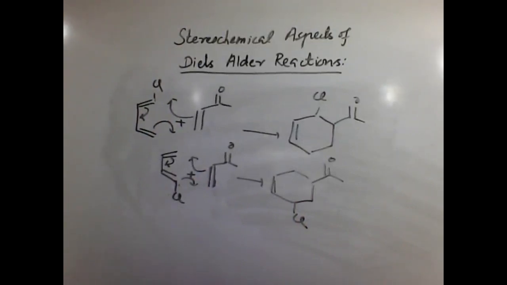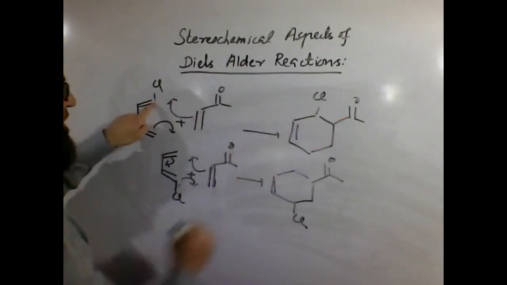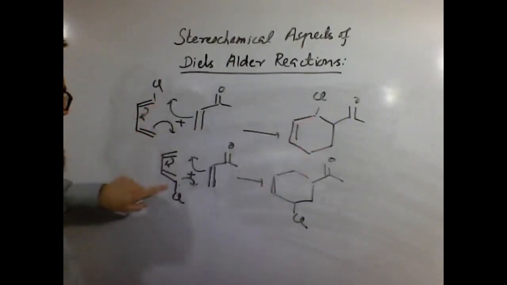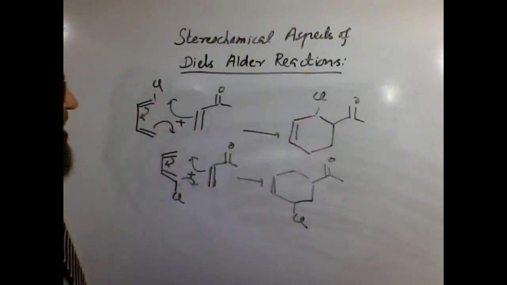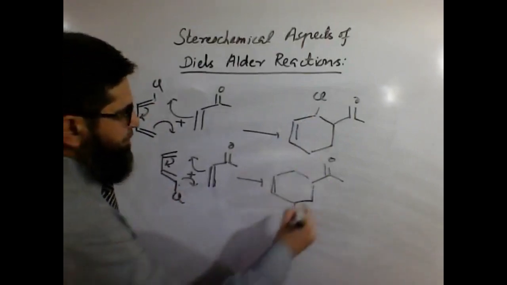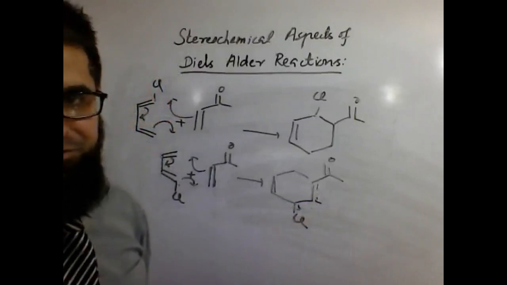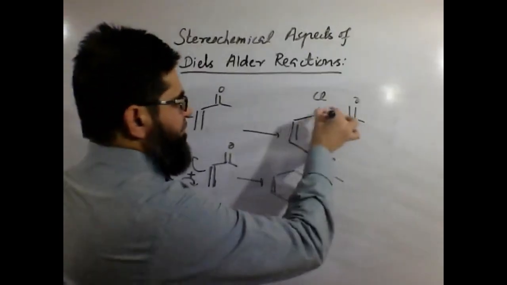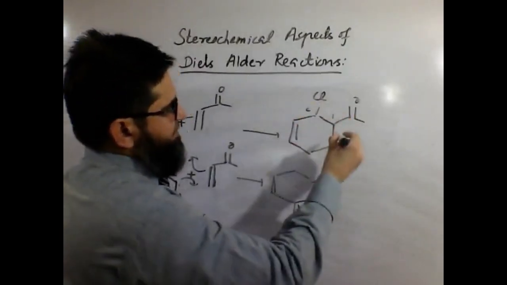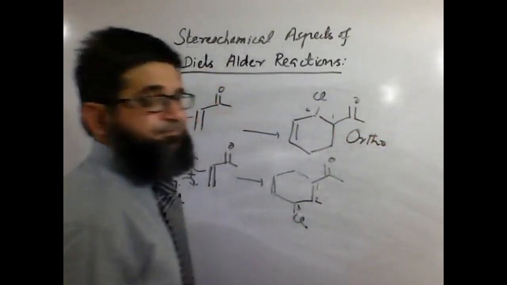Is that fine? In this case, the carbon number 1 carries this one, and over here it carries this way. So there is a difference between the two. 1, 2, 3: chloro has come on carbon number 3, while over here the chloro is on carbon number 2. One can say it's the ortho product.